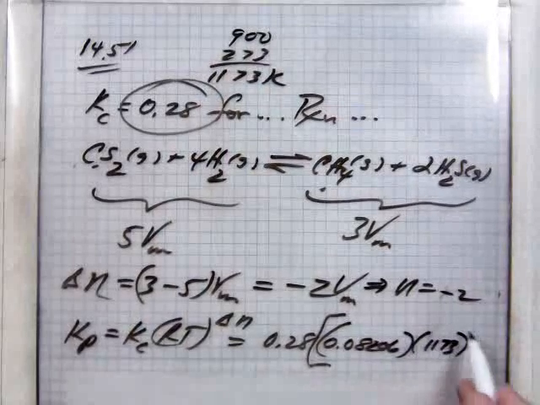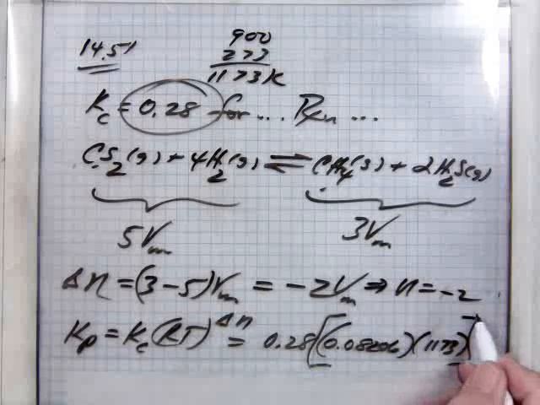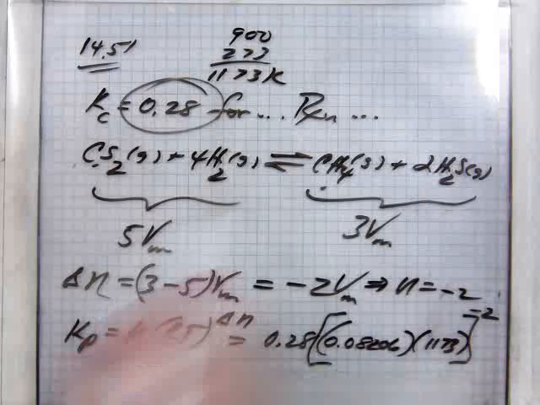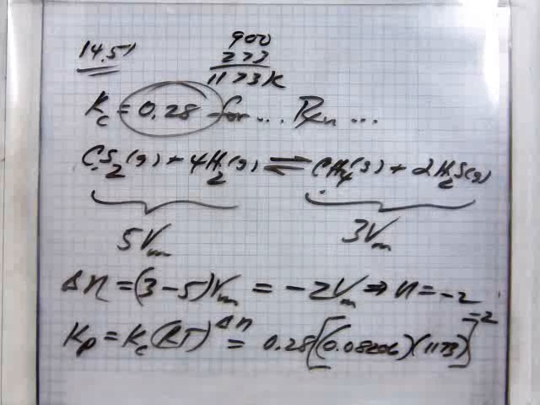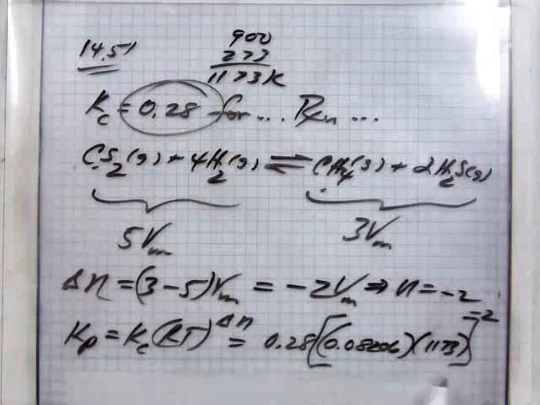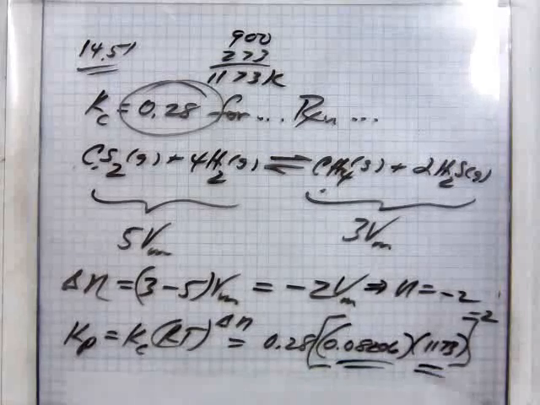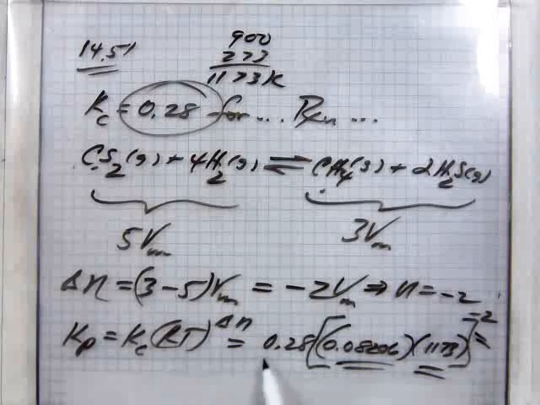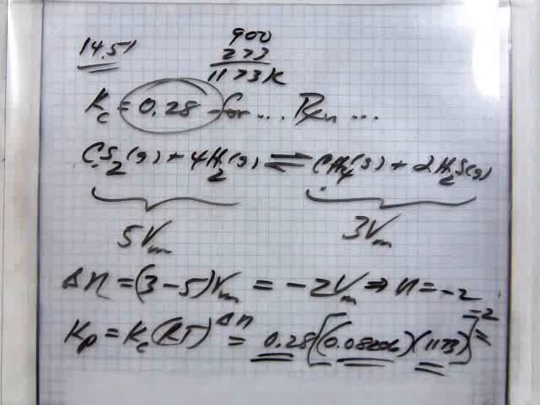You don't even have to put the units in here, just raise to the minus 2 power and solve that, and you get a number. That's the Kp value for that reaction, based on the Kc expression. The only thing you really have to worry about is that Kc is a given, the temperature must be in Kelvin, and then put in minus 2 and compute.